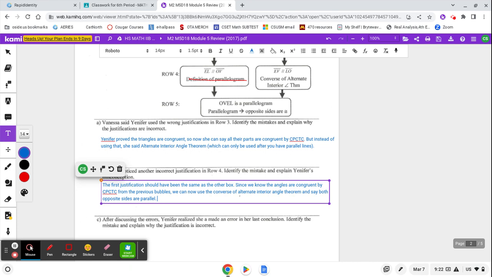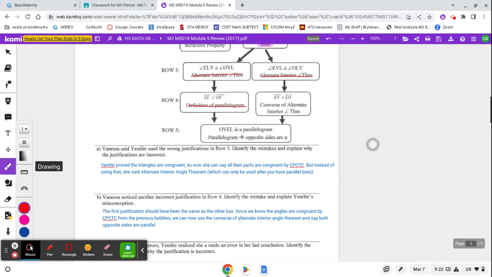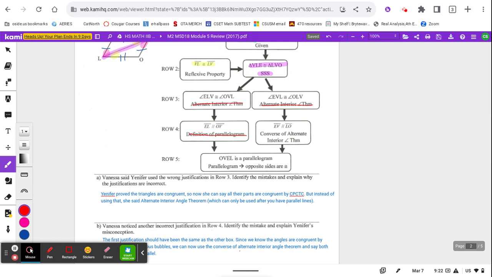So I want to explain really quick what converse means. In most of our proofs, we were given parallel lines and we knew that that led to alternate interior angles.